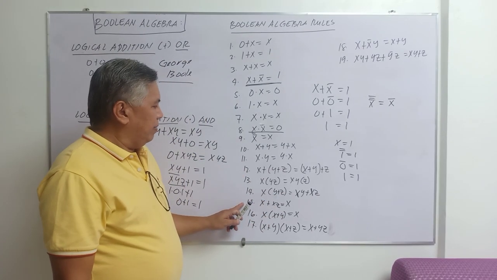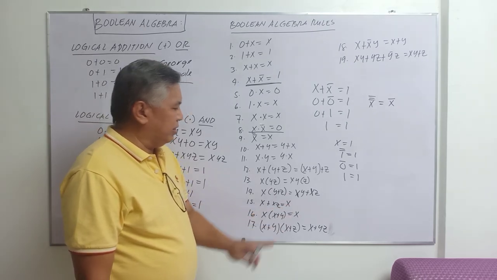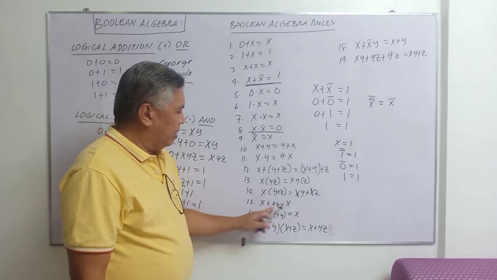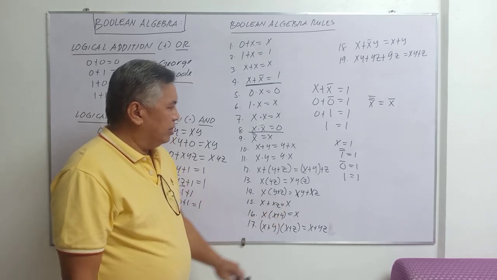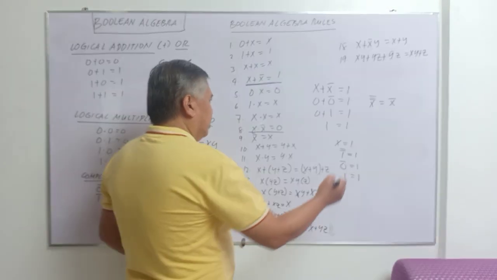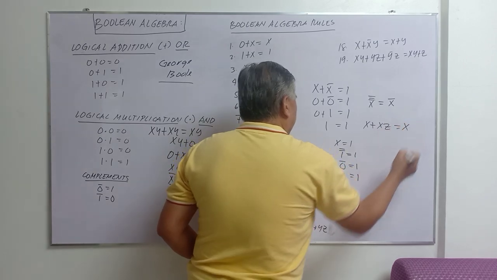Then number 15, x plus xz is equal to x. So again, this is only true for this particular example. So you have x plus xz is equal to x.